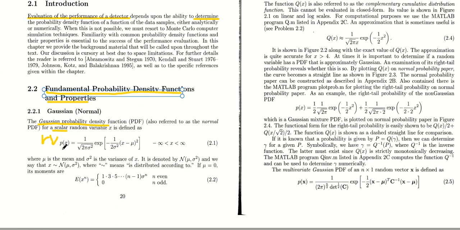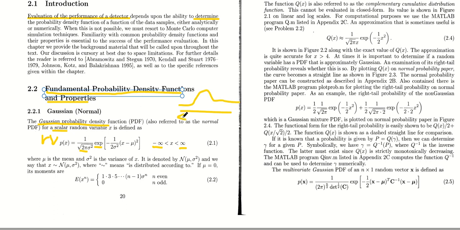Let's watch carefully. p of x equals 1 divided by square root of 2 pi sigma square, times exponent of minus 1 over 2 sigma square, times the square bracket of x minus mu to the square, and its domain is from minus infinity to plus infinity, meaning from minus infinity all the way to plus infinity.